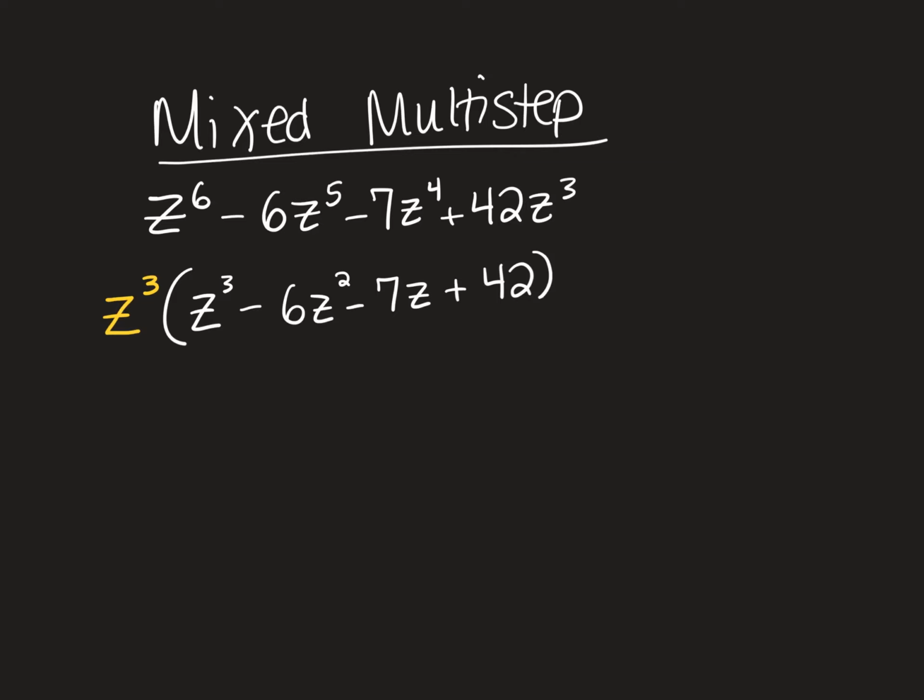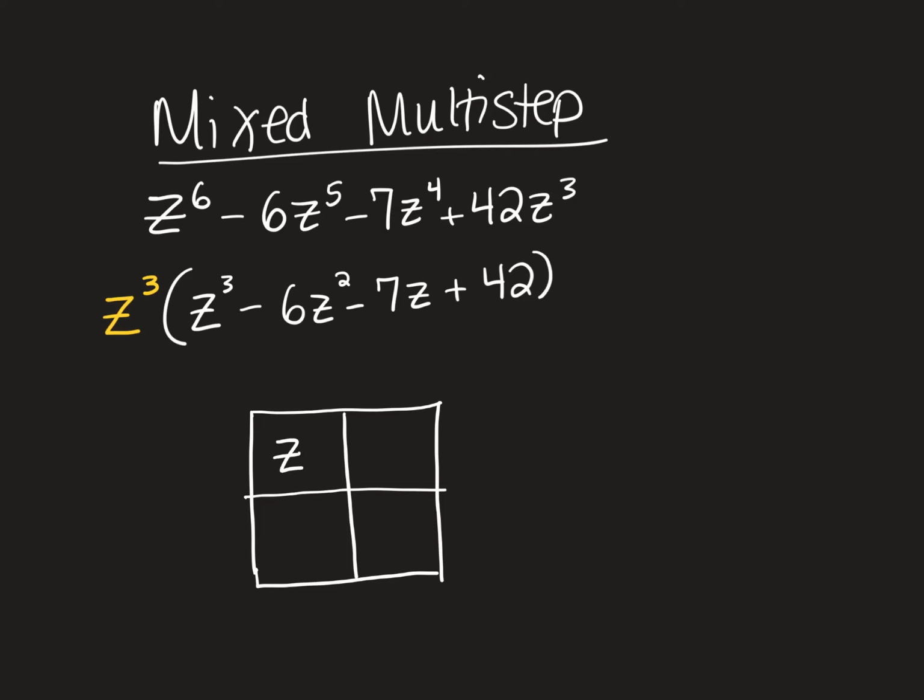Kind of contradicting myself here, but I'm not really, because I only want you to use this box if you have 4 terms. If you have 3 terms or 2 terms, you don't need the box. But with 4 terms, it can help you organize yourself. And here's why. With 4 terms, you have 1 term for every spot you have open in the box. So what I can do is put each term in its own spot in the box.